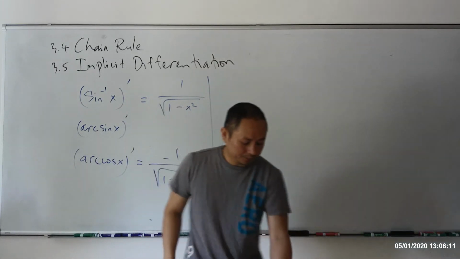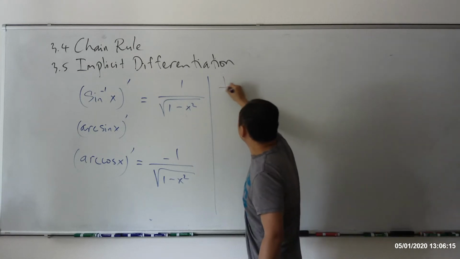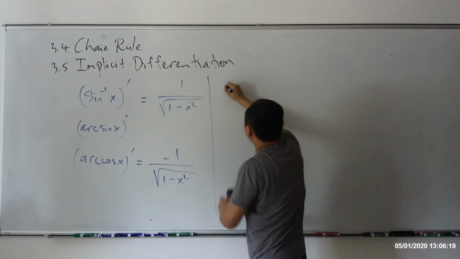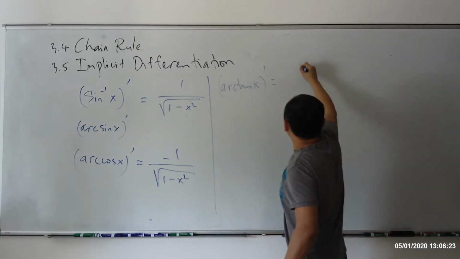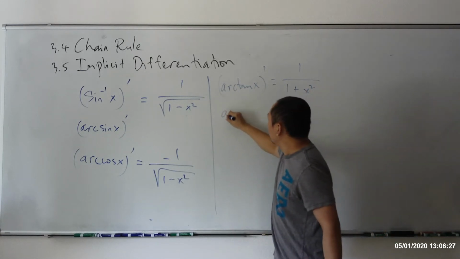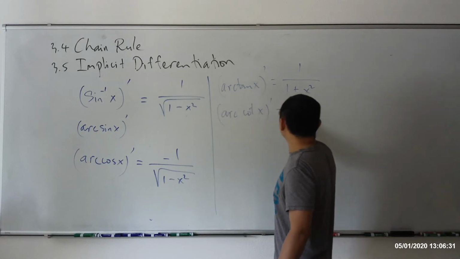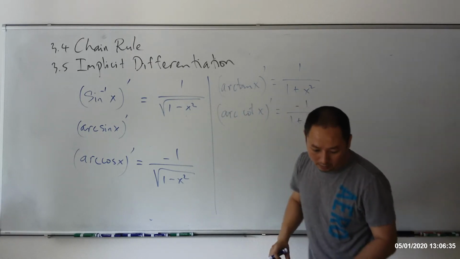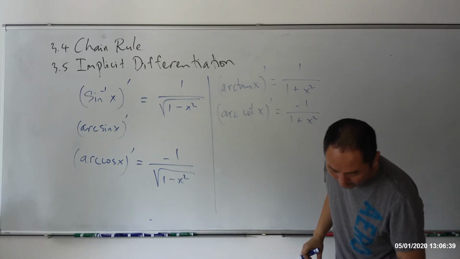Move on. Tangent inverse, arc tangent. I keep writing arc tangent, right? So arc tangent derivative is 1 over 1 plus x squared. Arc cotangent of x, derivative is negative 1 over 1 plus x squared. Well, let me double check, make sure that I got it right. Yes.